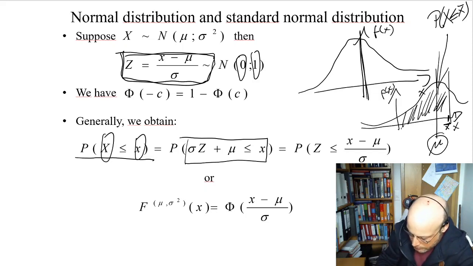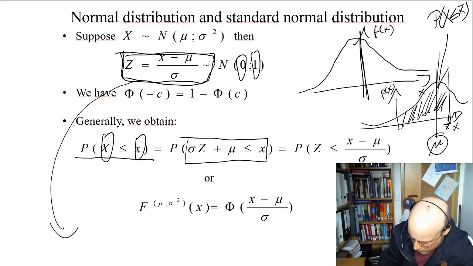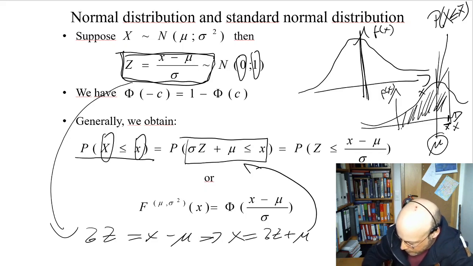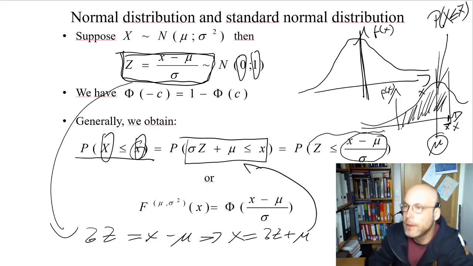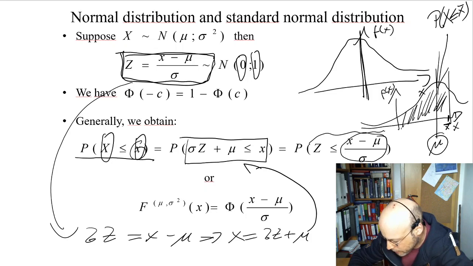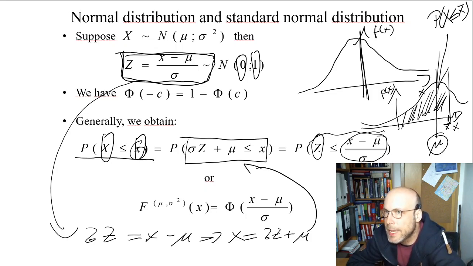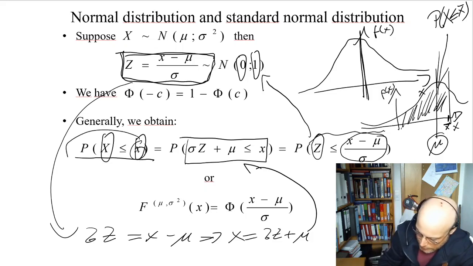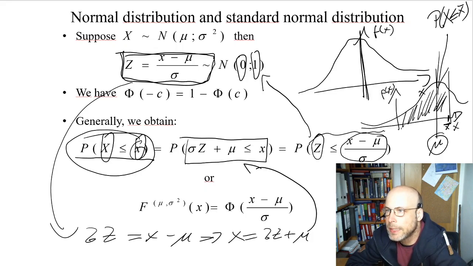This just comes from here: if you take this, you obtain sigma Z is x minus mu, and then x equals sigma Z plus mu, which we have here. And this then translates, if we transform small x on this side, so that we can just take the random variable Z, which is standard normally distributed, into the same probability of some general random variable capital X.